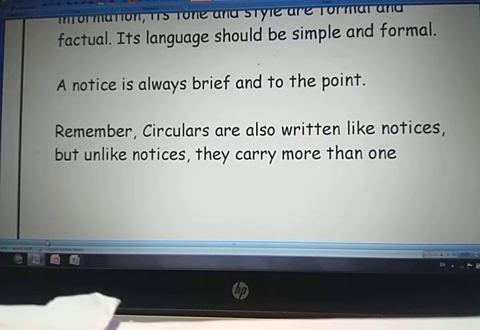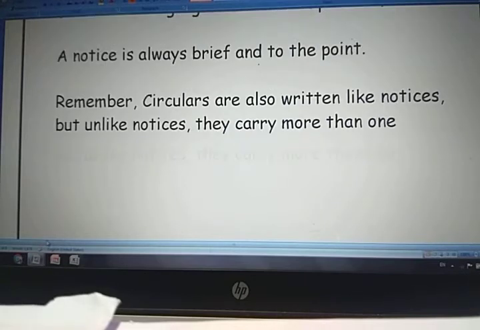Like that, in a circular, you may have a number of points, whereas a notice is strictly meant only for one reason or for one point only. So keep in your mind the difference between a circular and a notice.